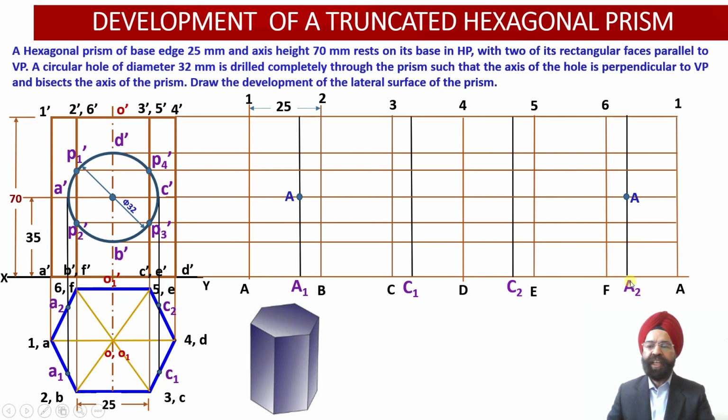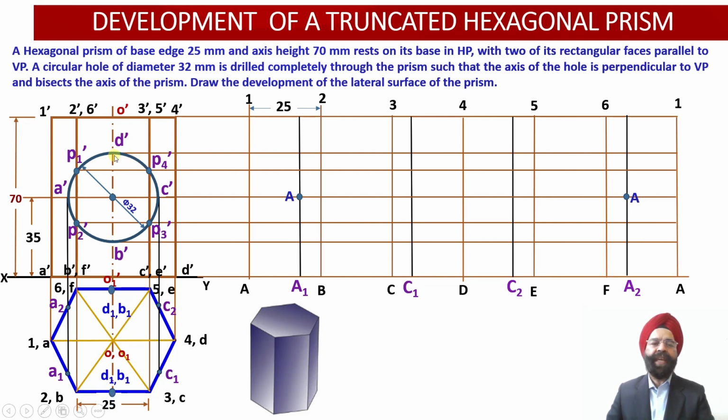Similarly, onto this vertical projector emerging from A2, wherever the horizontal projector line emerging from A dash is going to intersect, this intersection of these two projector lines will provide us with the location of the point A corresponding to the circular hole onto the rear face of the solid over here. So one point A has been located into the front face and into the rear face projection of this particular solid.